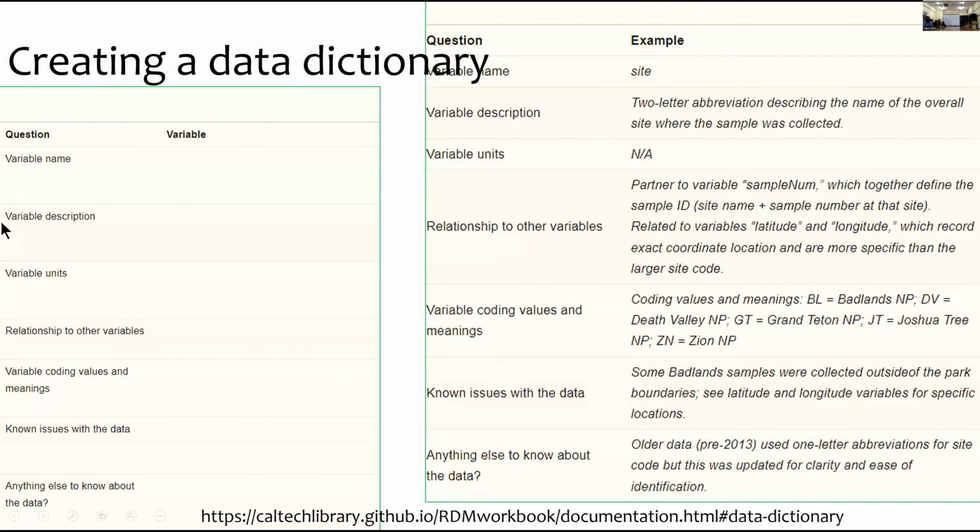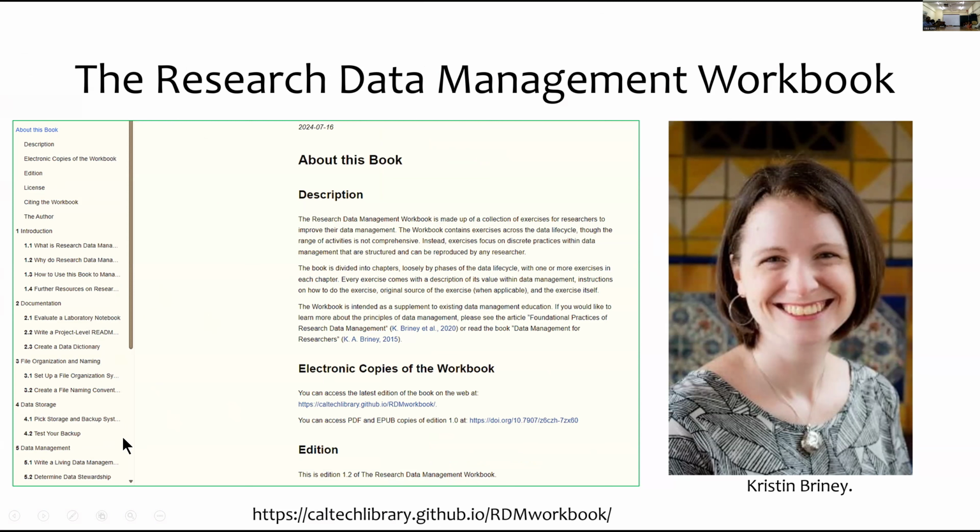So, postgraduates or anybody interested in doing research, this is a good website to see how to make a data dictionary. Another one, if you're interested in research data management, let's say you're doing a large study, and then managing your data becomes a big issue. This is a free website, the research data management workbook, again from Caltech. It gives you a large amount of information about managing your data.